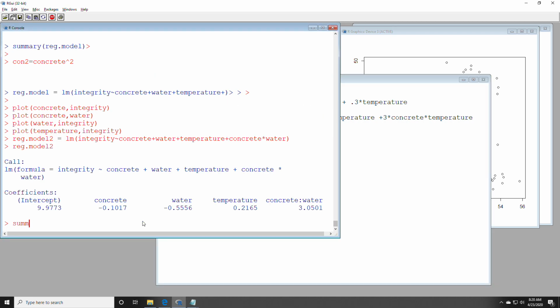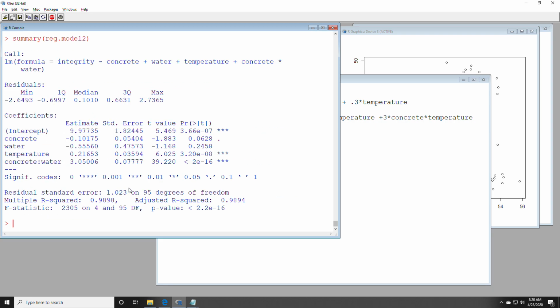Let's look at the summary and see whether these terms actually appear needed. The interaction, this is the term that we didn't have before. Highly significant.